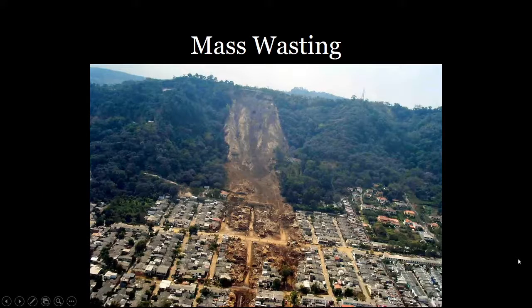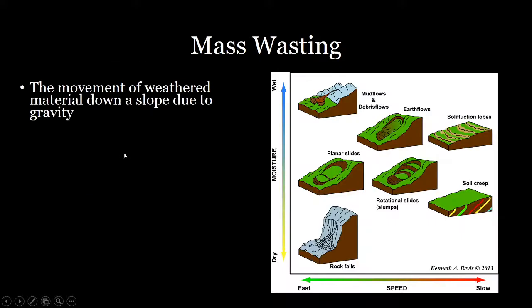So once you have rock that has been weathered and formed into smaller components, it has to get down the slope. The process of rock moving down its original slope is called mass wasting. And that movement down the slope happens due to gravity.